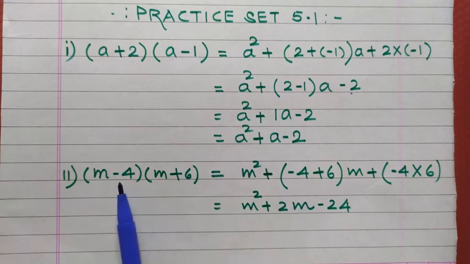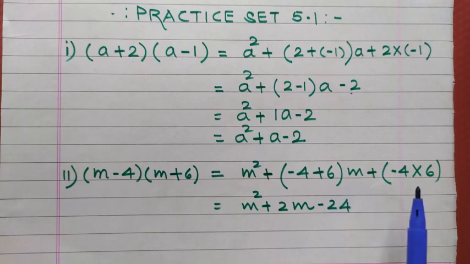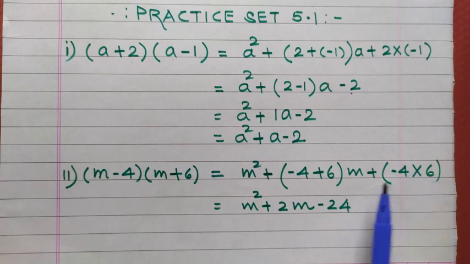So the first term is minus 4 and another term is 6. So it will be (minus 4 plus 6) times the equal term, which is m, plus the last term will be the product of unequal terms. Unequal terms are minus 4 and 6. So it will be minus 4 into 6.